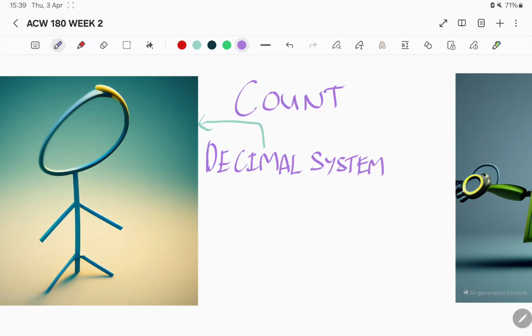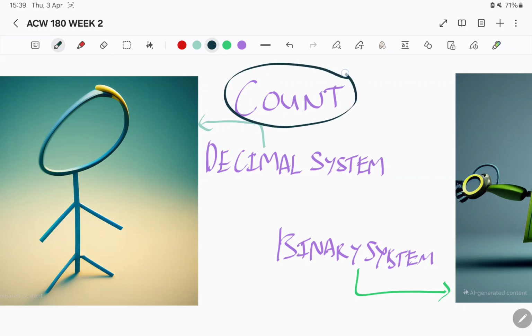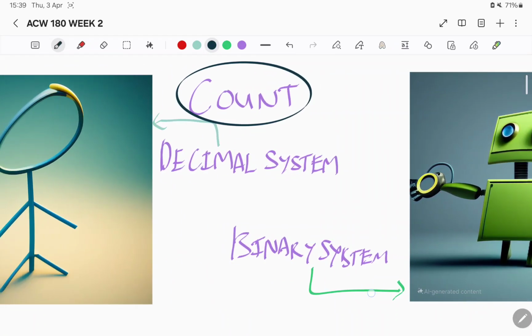The computer uses the binary system. Simple as that. We count in decimal, the computer counts in binary.